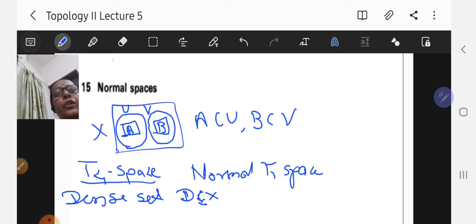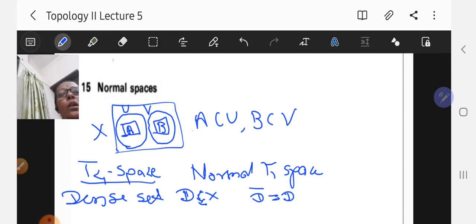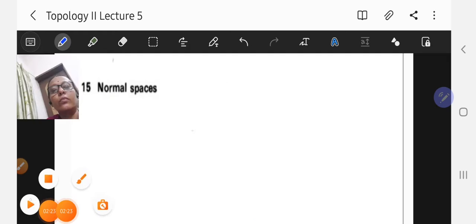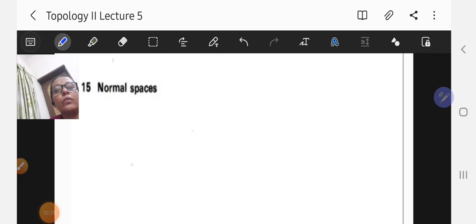What are limit points? That is, D closure equal to D. And D is dense in X means D closure equal to X. Now there is one result, that is a lemma.